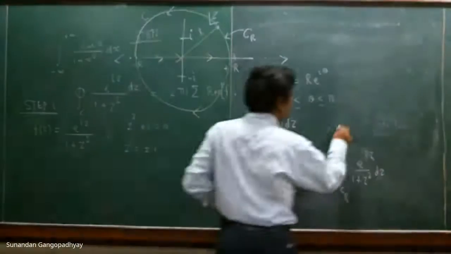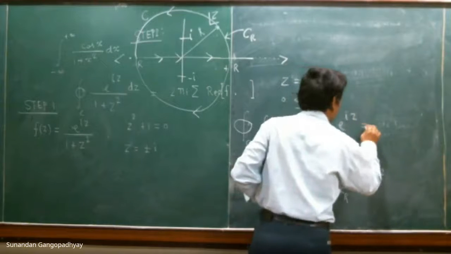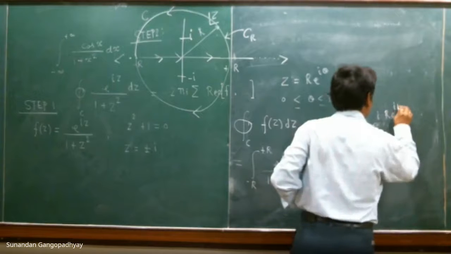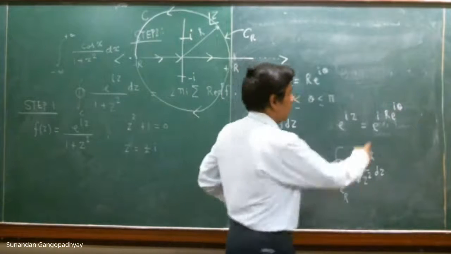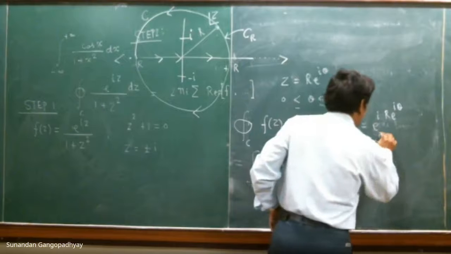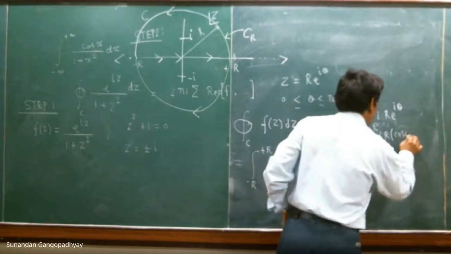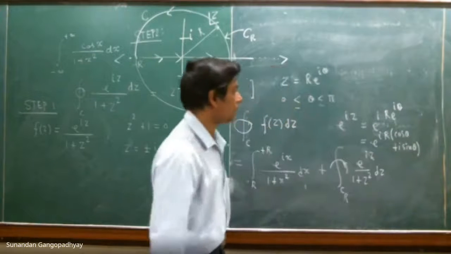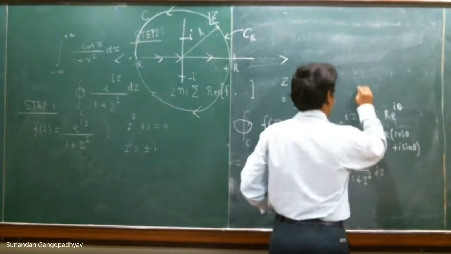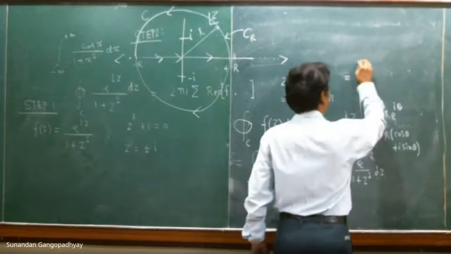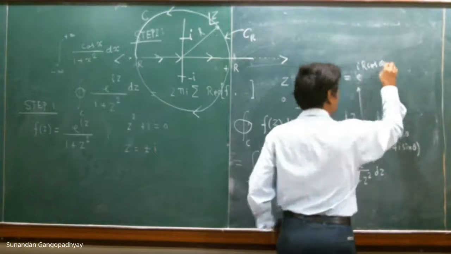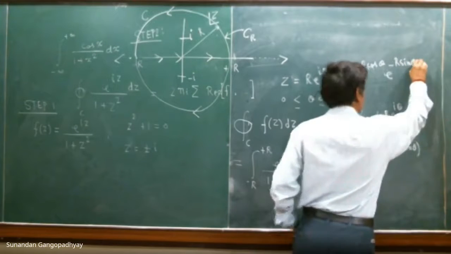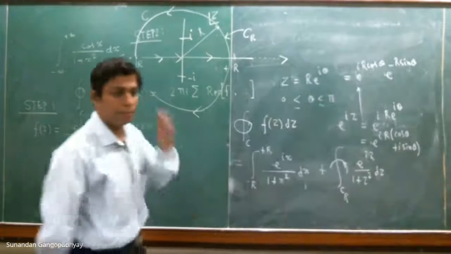And now you see e^(iz) is what? e to the power of i times z, and z is r e^(iθ). But this thing I can write down as i r (cos θ + i sin θ). So this term will give me e^(ir cos θ), and then this will give me e^(-r sin θ), because i into i gives a minus.